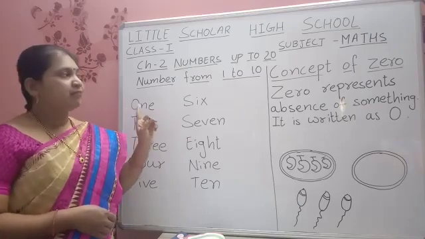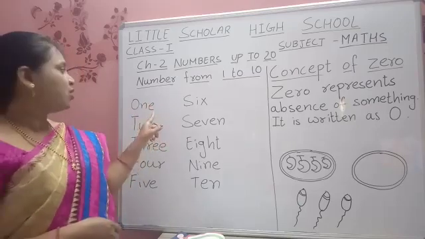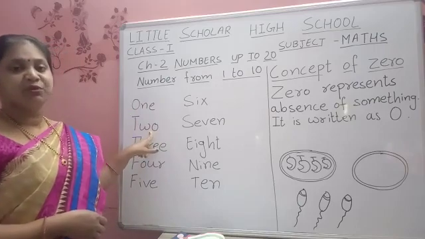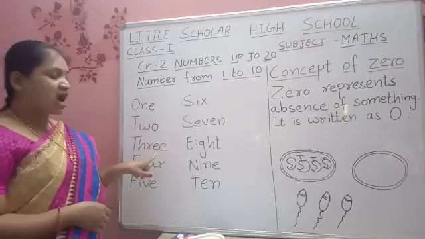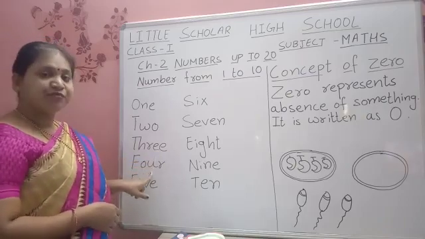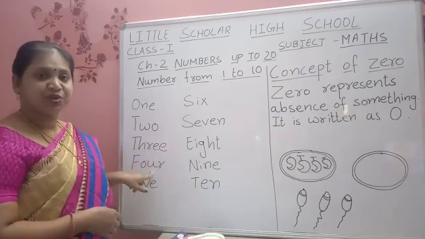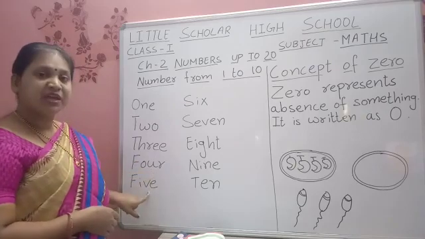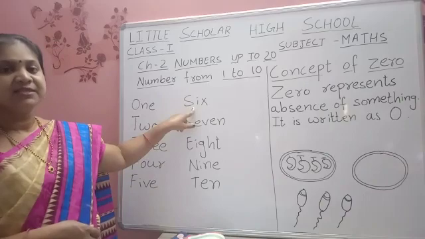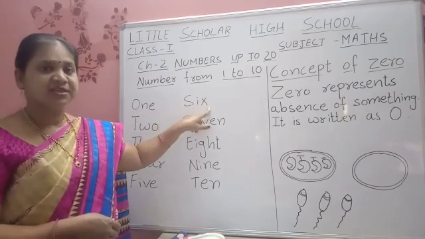O-N-E, 1. Spell it. We will spell and we will read. T-W-O, 2. T-H-R-E-E, 3. F-O-U-R, 4. F-I-V-E, 5. S-I-X, 6.